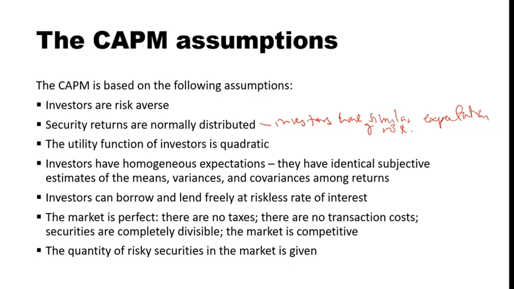So if investors have returns which are normally distributed, it means that these investors have similar expectations of risk and return. Similarly, when we talk of the fact that investors are risk averse, we are simply saying that they base their investment decision on the nature of risk and return expected on a particular investment.